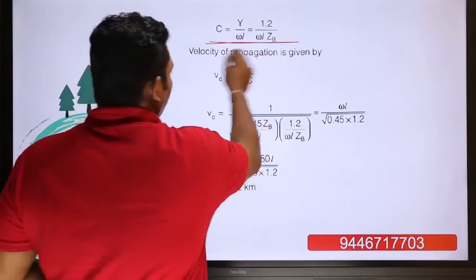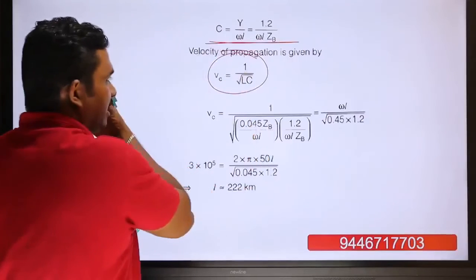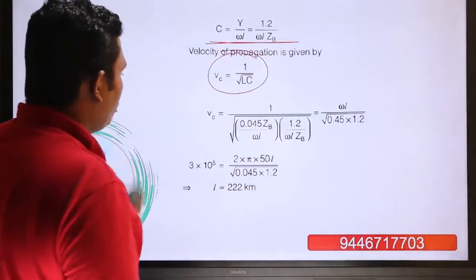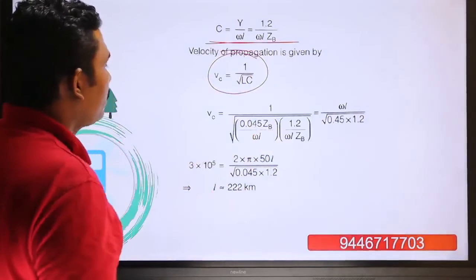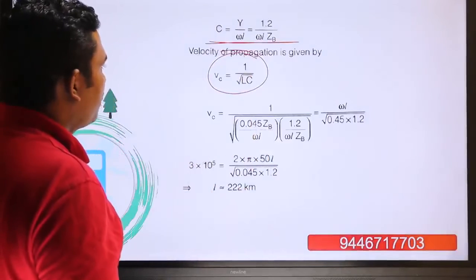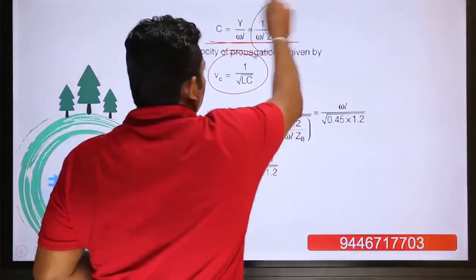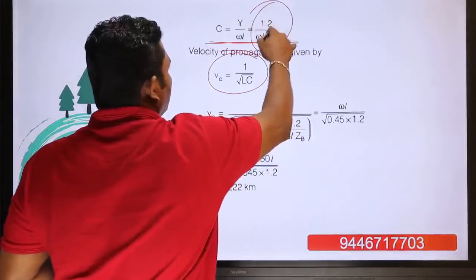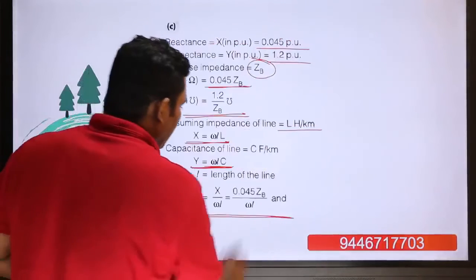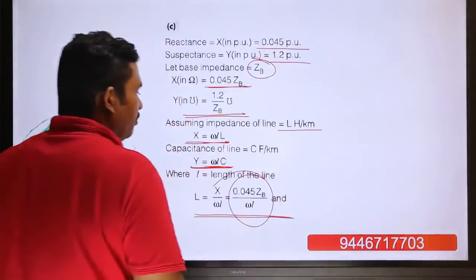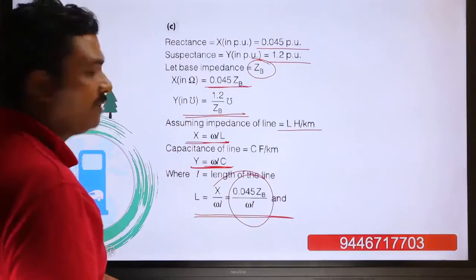Now what is velocity of propagation? Vc is equal to 1 divided by root LC, and the value of Vc is given. Okay. So that means we will be able to substitute the values of L and C from these equations. So C is equal to 1.2 divided by omega ZB, and L becomes equal to 0.045 ZB divided by omega.